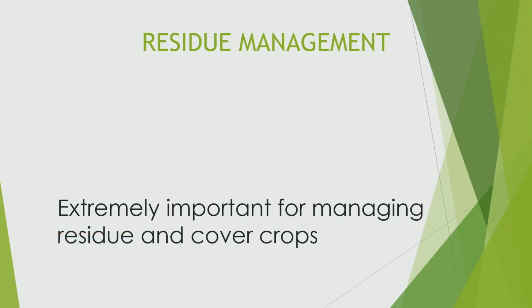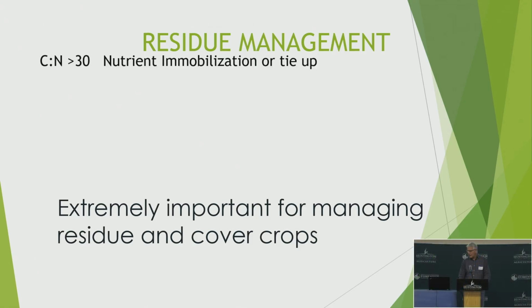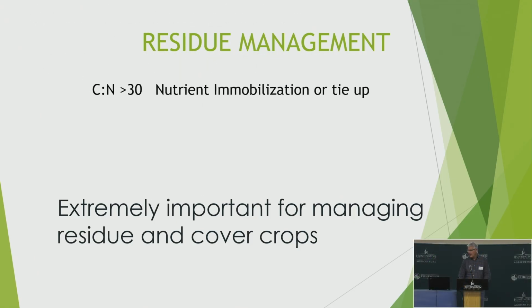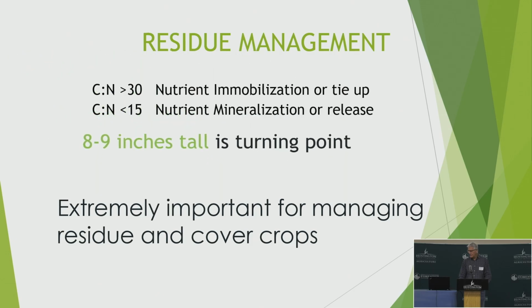It's very important for crop residue and also cover crop residue. If we have a carbon to nitrogen ratio of 30 or greater, we have nutrient tie-up. If we have a ratio of 15 to 1 or less, we have release of nutrients in the soil.